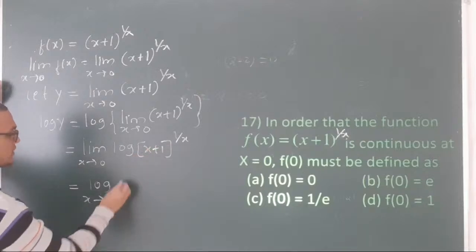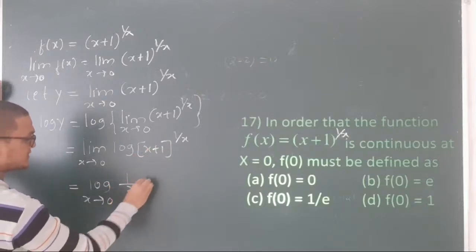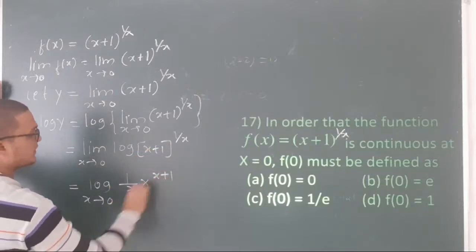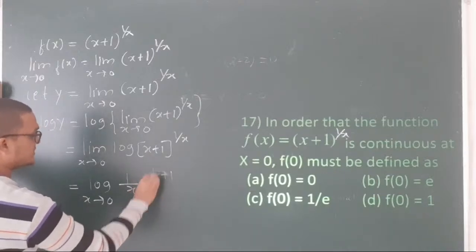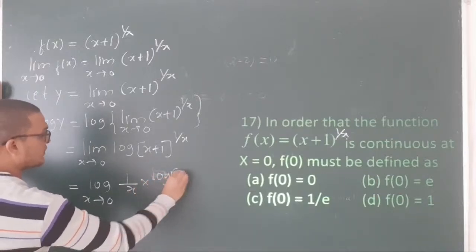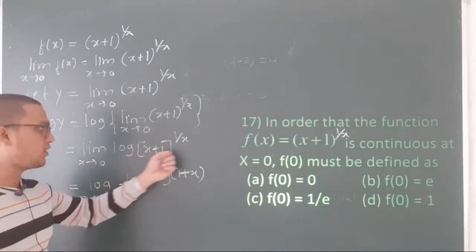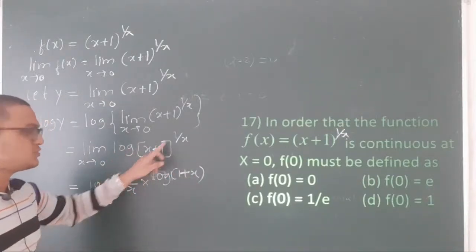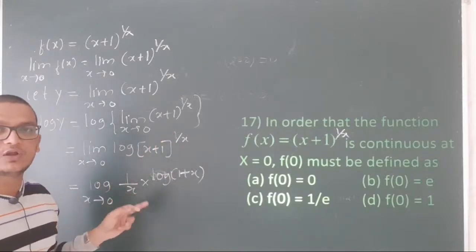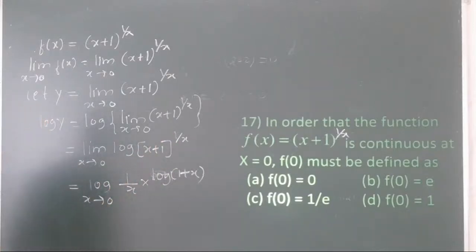After applying the logarithmic property, it is 1 by x into log of (1 plus x), or x plus 1. After applying the logarithmic property, log x to the power n can be written as n log x. So the same way.